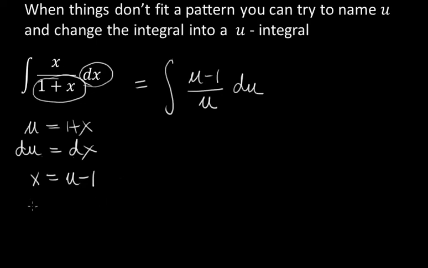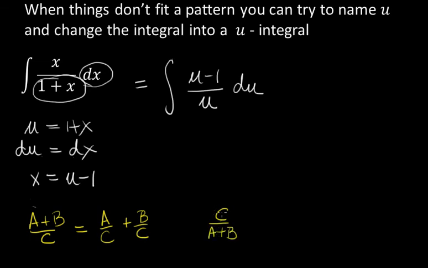Now why is this better? Let's go back and think about something we've known ever since middle school. If we have a plus b over c, we can split using the numerator into the sum a over c plus b over c. Whereas if we had c over a plus b, we're kind of stuck. We can't simplify that any further.